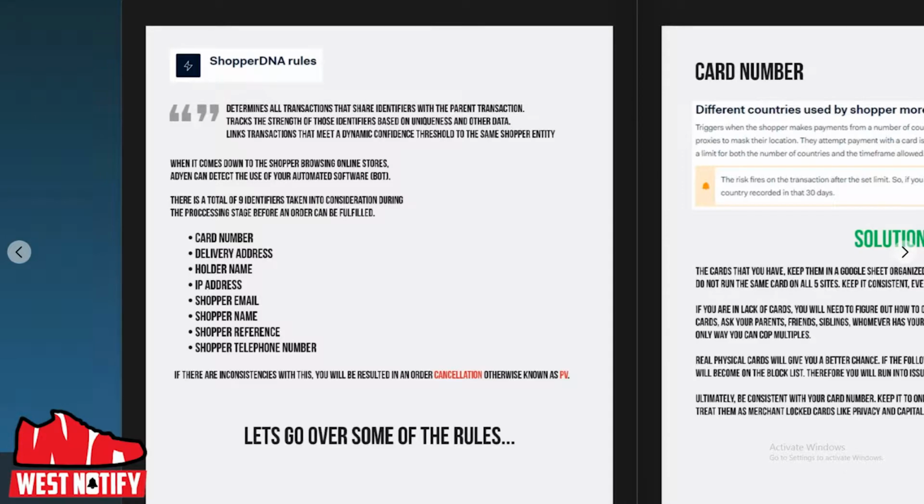It's an automated filter. So if any of these things are incorrect and they find some sort of fraud related to the information you provide when you submit your order, then you have a good chance of getting canceled. We're going to go over all of these. There are, let's see, 3, 6, 8 rules.